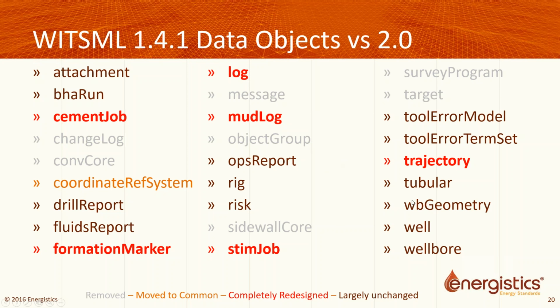The ones which are in the dark brown, those are largely unchanged. They're simplified using patterns, but the content of them is largely unchanged. And then coordinate reference system is no longer WITSML specific. It's moved out into a common area so that it's visible across WITSML, ProdML, and RescueML. So it's no longer local to WITSML.